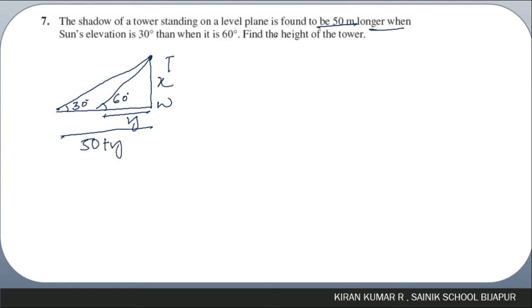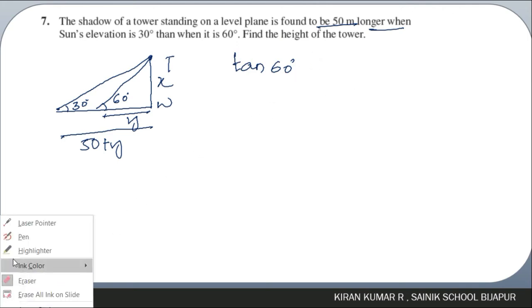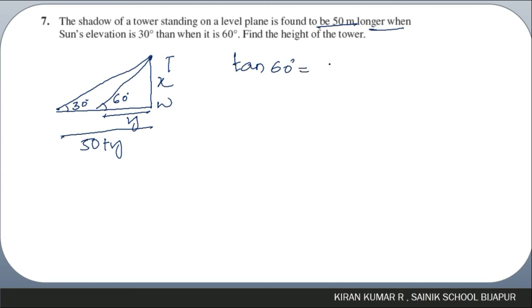Now I'll consider tan of 60 degrees. Tan 60 degrees will be equal to x upon y. Tan 60 value is root 3. So root 3 is equal to x by y, or x is equal to root 3 times y.